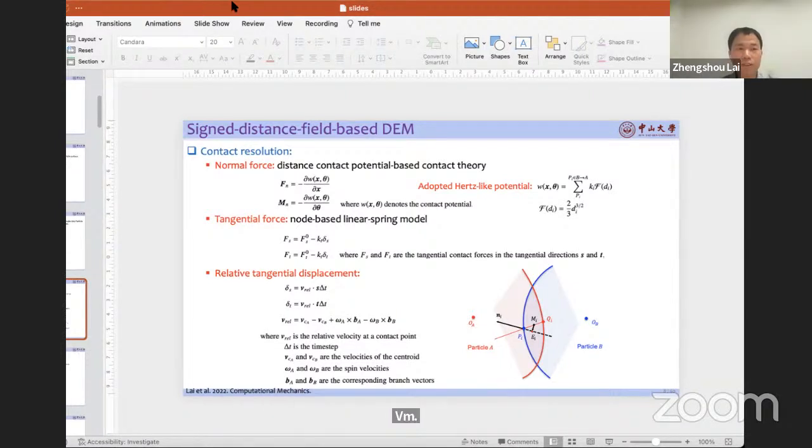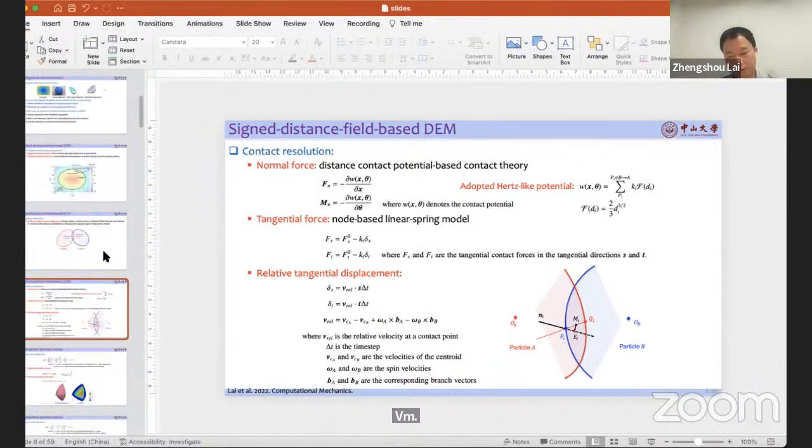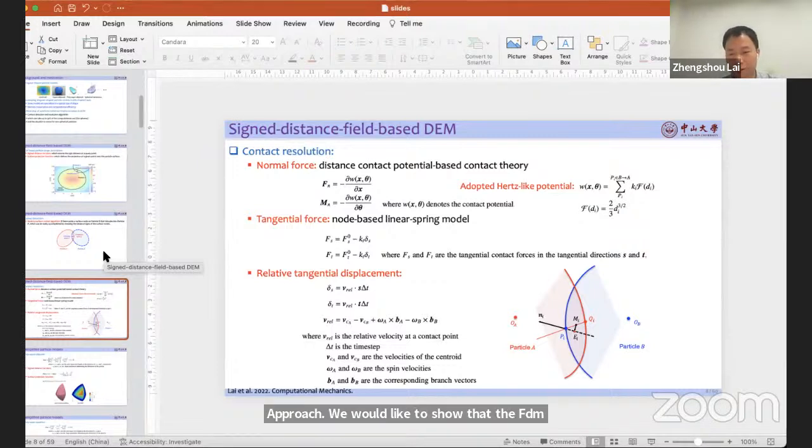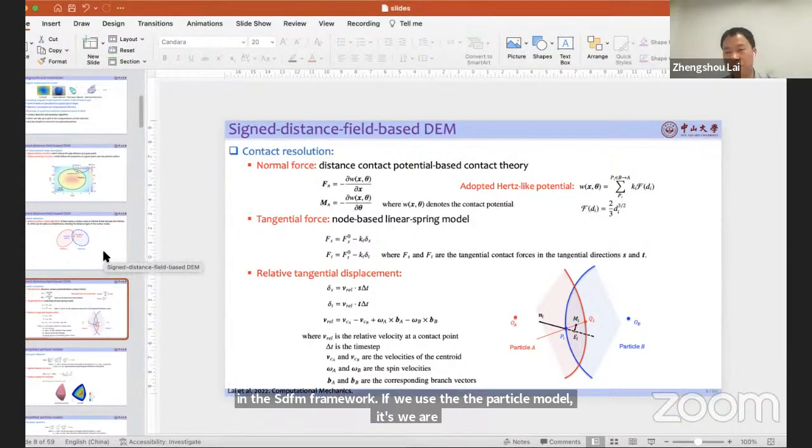Oh, actually, SDFDEM and level set DEM are not two different approaches. We would like to show that SDFDEM is a general framework, and the level set can be cast into this framework. So in the SDFDEM framework, if we use the level set particle model, it will fall into the conventional level set DEM we know.